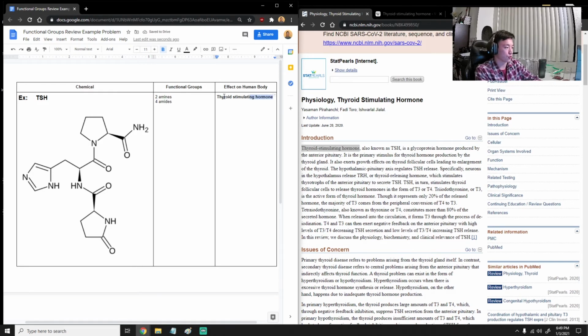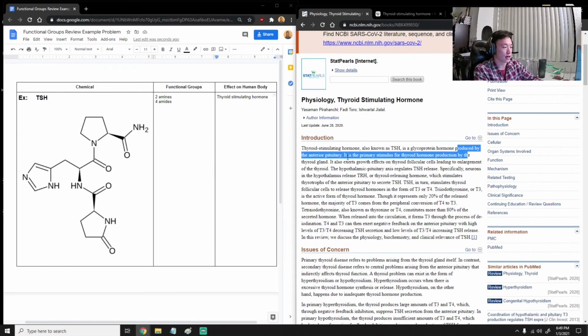Okay, and so just based on the name, we can tell what it's going to do. It's a hormone, and we'll talk about what that is later, or you might have learned it in human body systems already, but it's a hormone that stimulates the thyroid. Thyroid is a gland inside of your body. It's found in your throat area. Okay, and so it tells us in our research that TSH is a glycoprotein hormone. We'll talk about what that is later, but it's produced by the anterior pituitary.